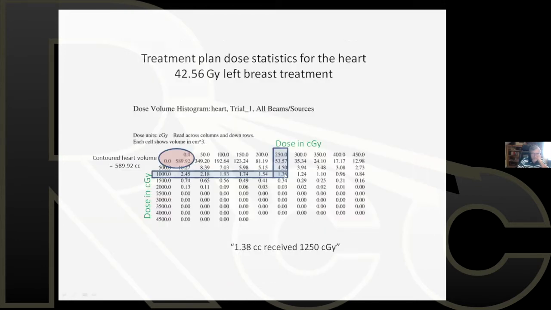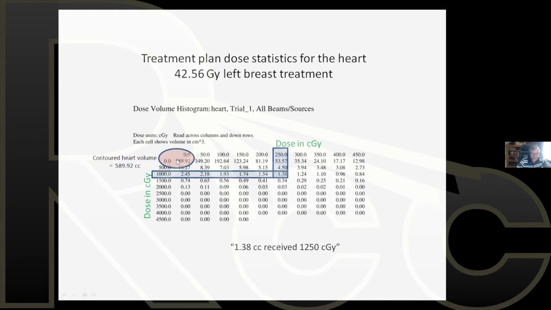Pinnacle by Phillips has a way of calculating dose volume histograms by looking at statistics based on cubic centimeters. The way we read this, if you have a Phillips computer, the contoured hot volume is the maximum at 0 cc's.